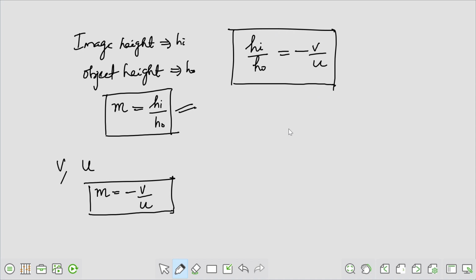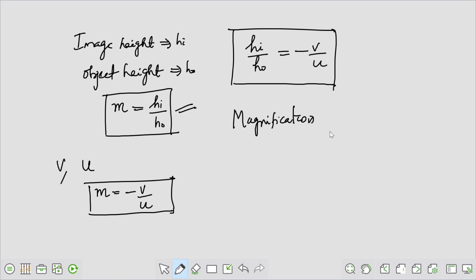Now in our previous module we have discussed sign convention, right? We have seen the sign conventions for real and virtual. Now let's see what will be the sign convention for magnification. So when we talk about magnification, it is the size of the image compared to the object.